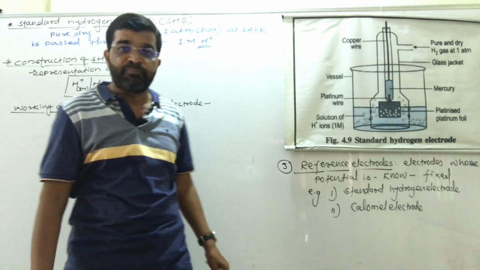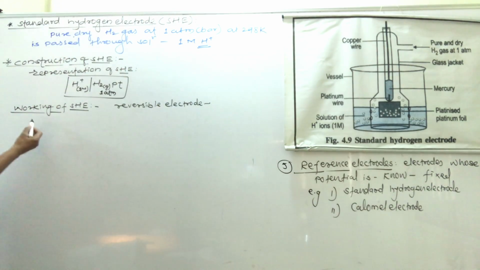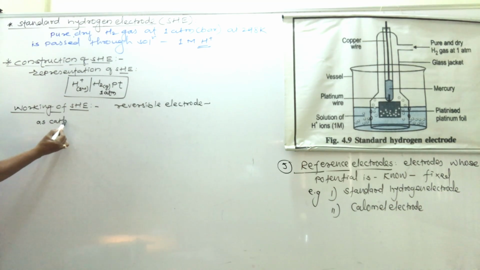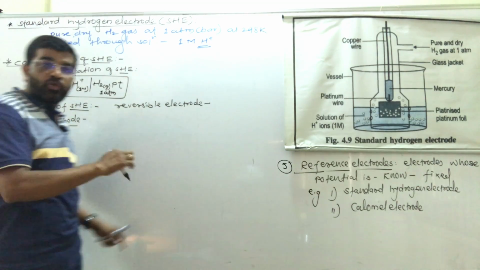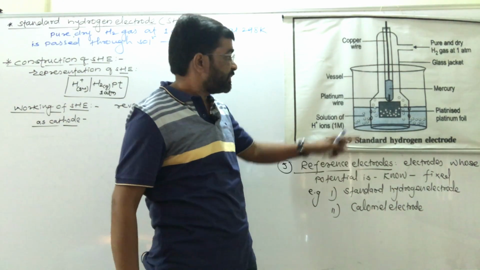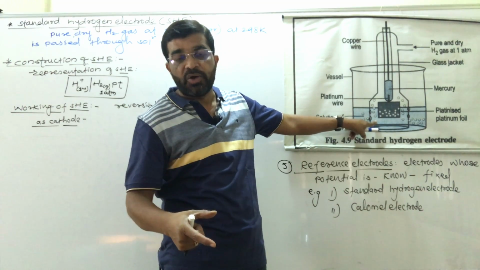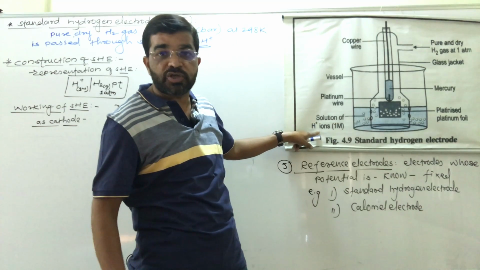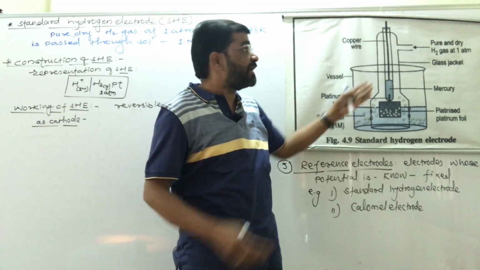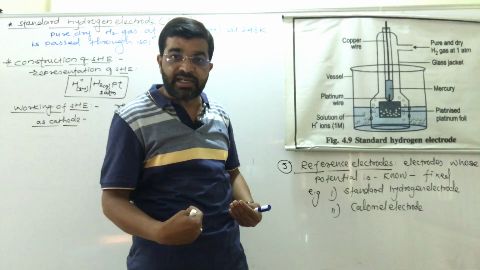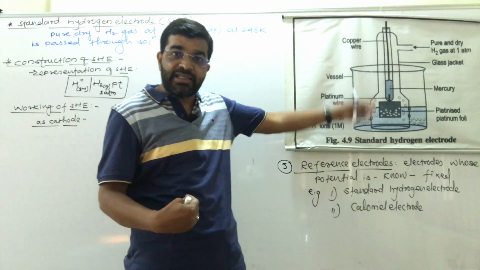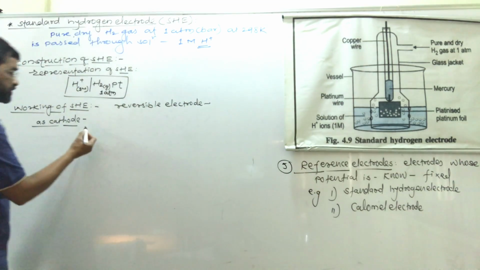So here see, we have to study the reaction working as cathode. Suppose it is working as cathode, when this electrode behaves as cathode, then the solution of this HCl, or the solution containing the H plus ion, will accept the electrons from that platinized platinum foil or that electrode, meaning this reaction takes place.